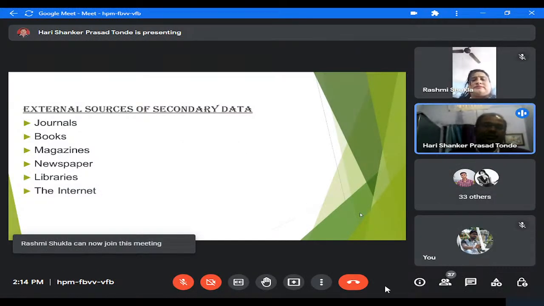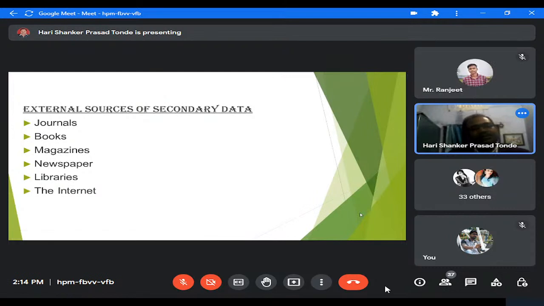Earlier, we had to go to the library, where so many books, newspapers, and magazines are there, and we would go through them, note what was relevant to our research problem, and afterwards use it in forming our research solution.